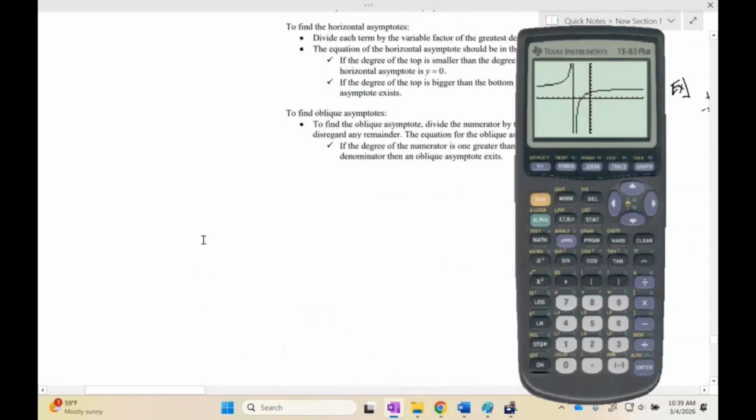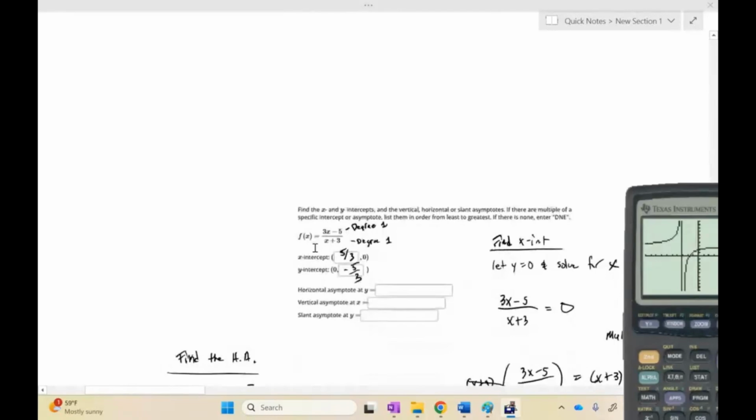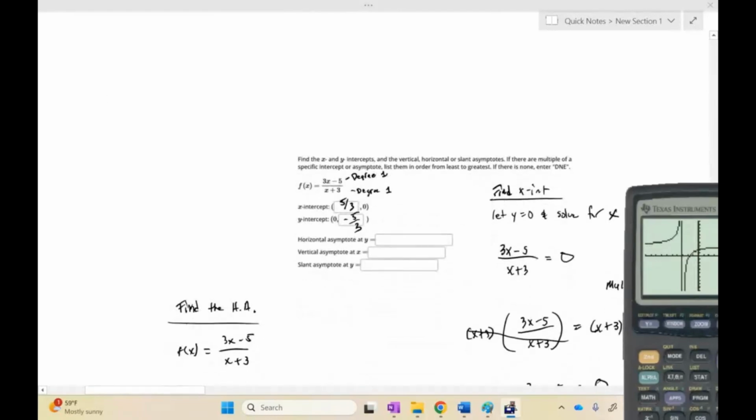All right. So the steps for the vertical asymptote, it just says completely factor the numerator, denominator, and cancel if possible. Set the denominator equal to 0 and solve. So find the vertical asymptote.